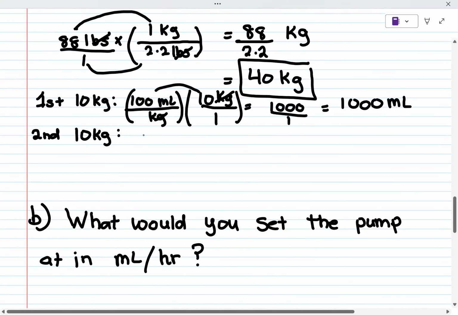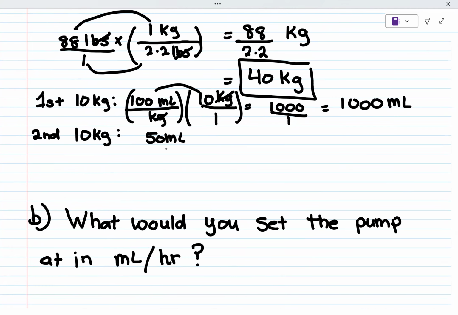So it's going to be 50 milliliters per kilogram times 10 kilograms over 1.